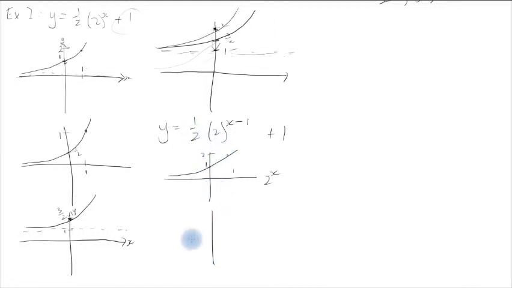Here's our next graph. So we've got to remember to do our dilation first. So now we've got half of 2 to the x, and this is now a half, this is now 1, 1, is this point.